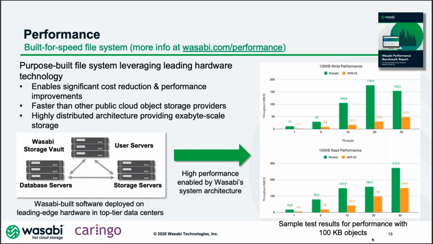We have also a performance benchmark on our website that outlines the results of 40 tests that we ran against S3. Out of the 40 tests, there were 36 tests where we outperformed S3. There were 4 corner cases where S3 had the advantage with regards to object size or the number of cores that were being used, but I'll take 36 out of 40.